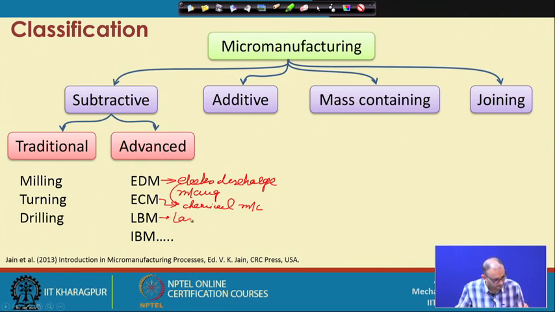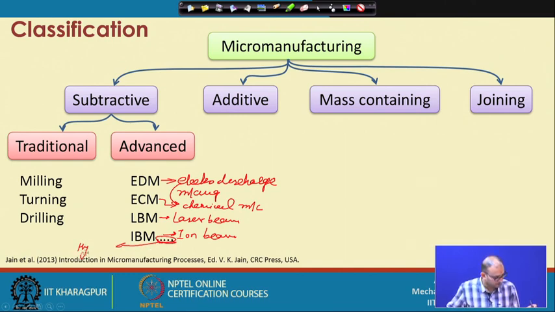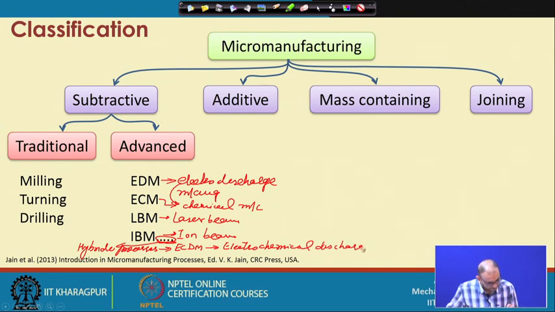Then laser beam, then ion beam, and other than this there are many hybrid processes available. So, this is one of the processes, electrochemical discharge machining.